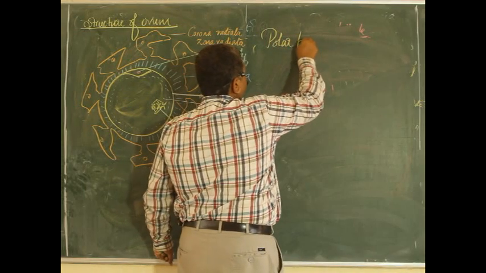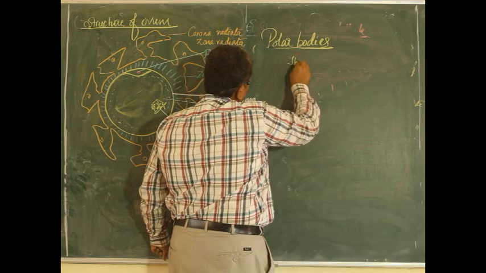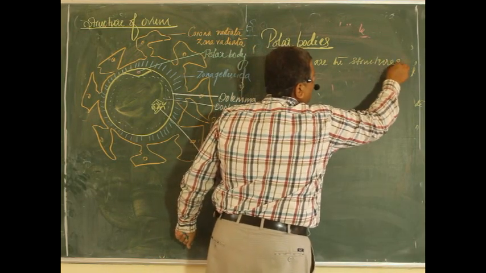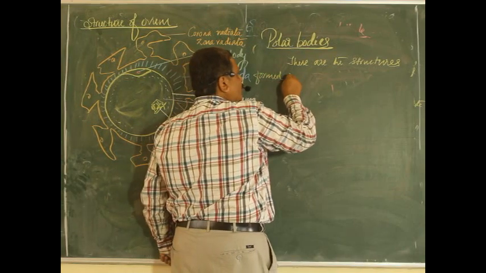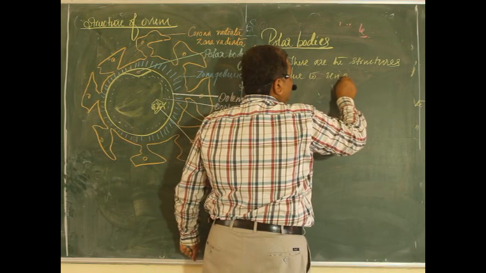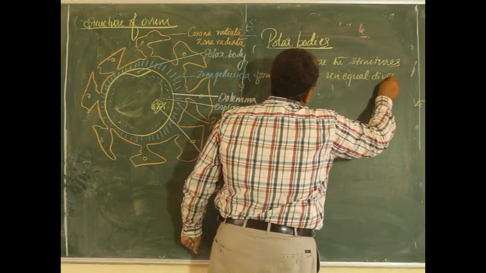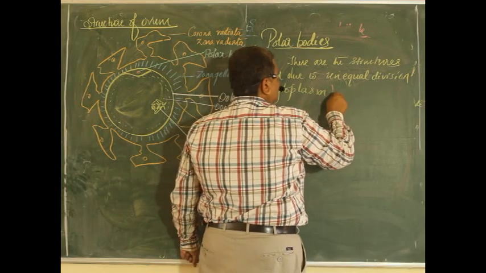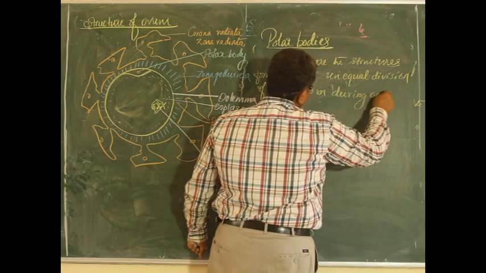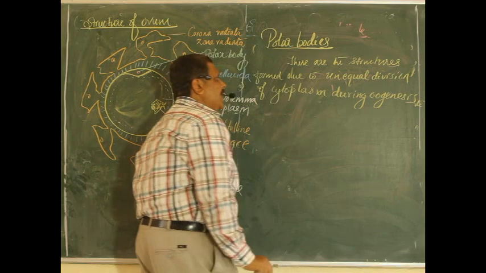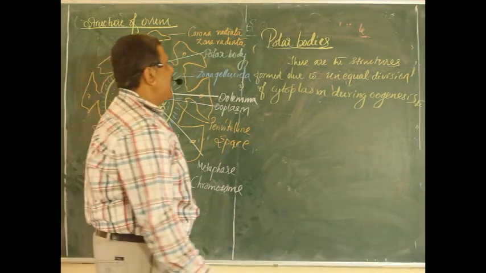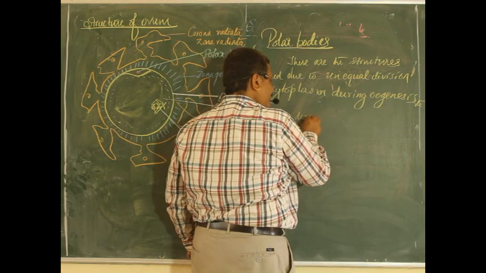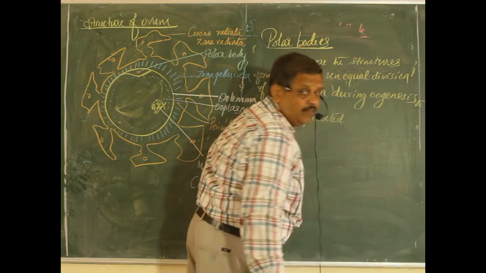Polar bodies are the structures formed due to unequal division of the cytoplasm during oogenesis, and these bodies are degenerated or dissolved in the later stages.